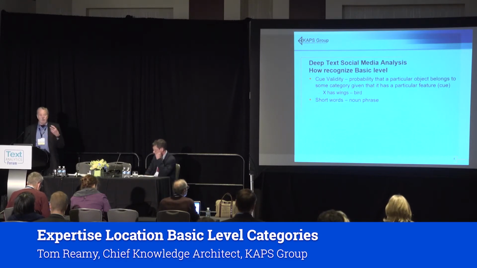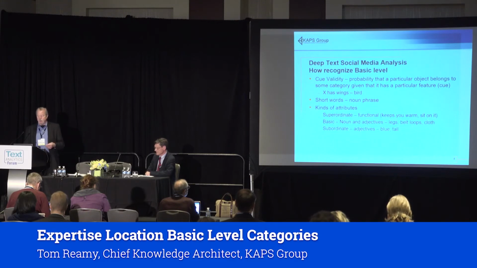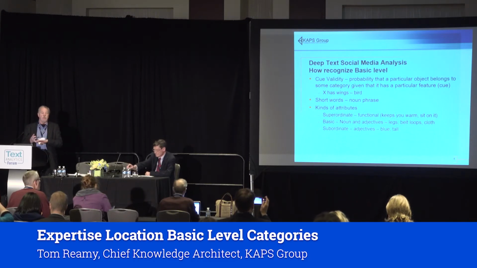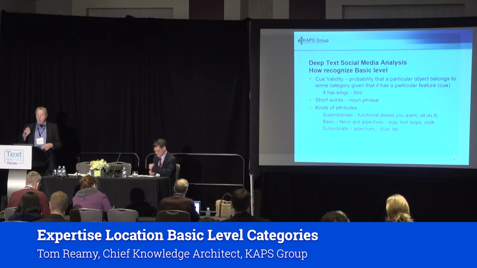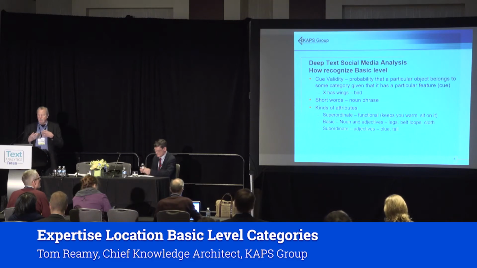As I mentioned before, basic level categories tend to be short words or short noun phrases. The kinds of attributes associated with them are different. All of this has a great deal to do with not just expertise location, but fact extraction, entity extraction, and so forth. Superordinate categories tend to be functional categories or attributes. Subordinate tends to be adjectives.